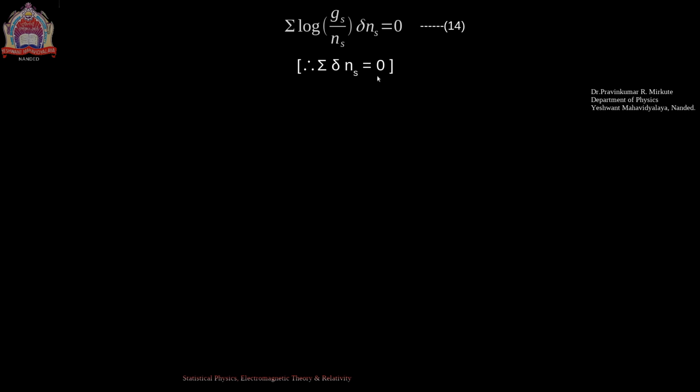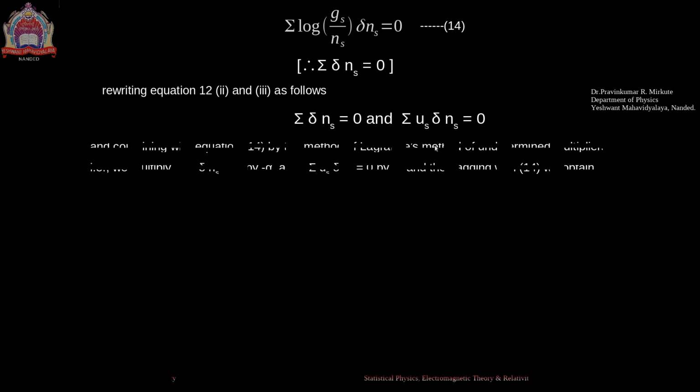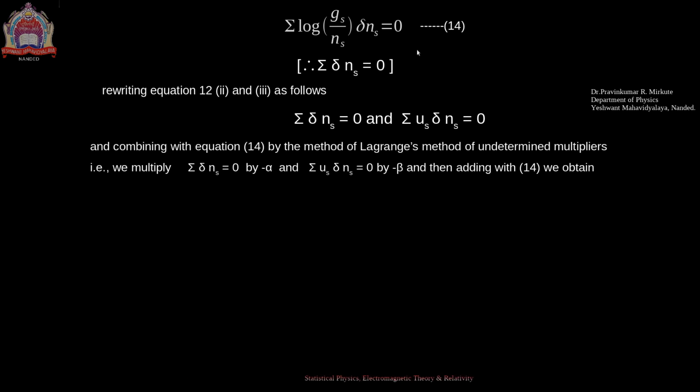Here the combining of summation del ns is equal to 0. So we rewrite equations 12, second and third, and we get the summation del ns is equal to 0 and summation us del ns is equal to 0.